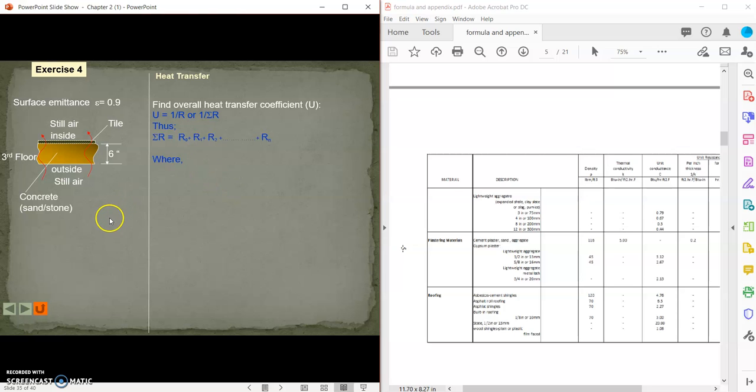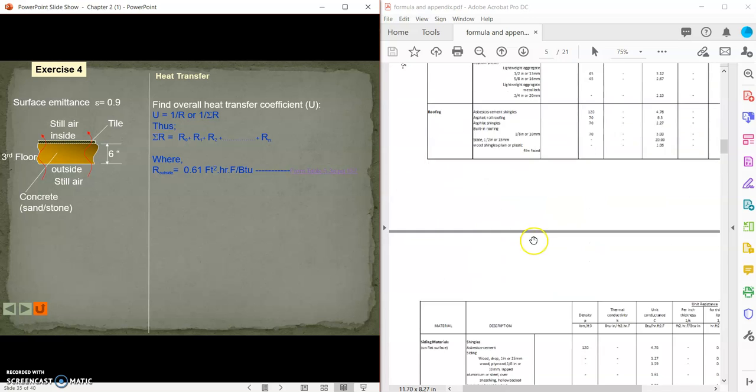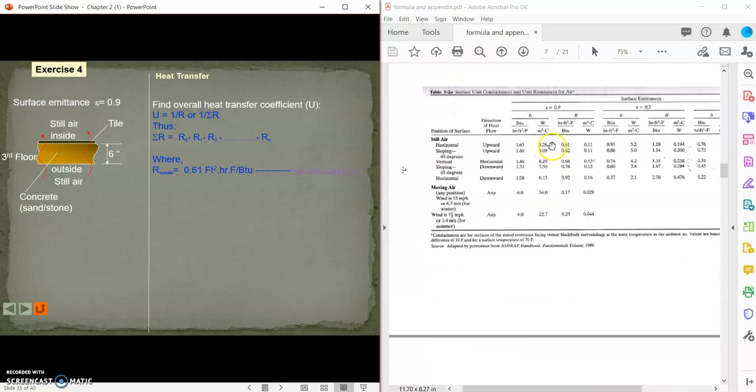So we have to divide into several parts. The first one is outside air, R0, R outside, R1, R2, R3. So the first one is R0. R outside is equal to, let's go into the table here. So it is still air here. Look into the still air position. The surface emittance is still the same. It is 0.9 here.